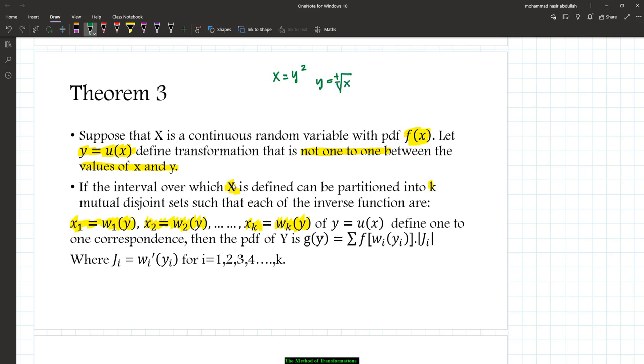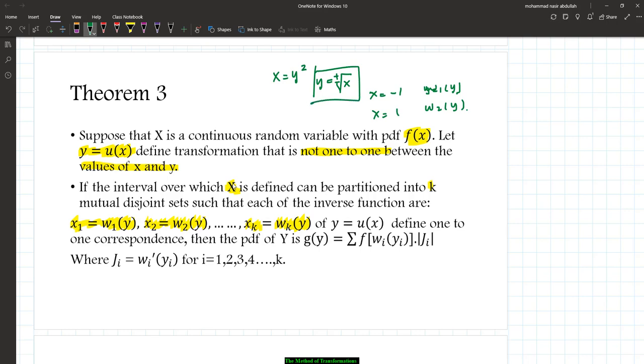This can take any positive or negative value. So if x equal to -1, y becomes w1(y). If x equal to 1, w2(y). So it will be many. This is the example for 2 situations, but there can be many.